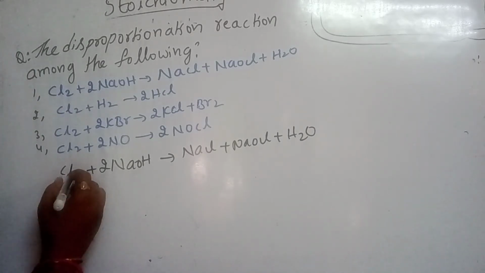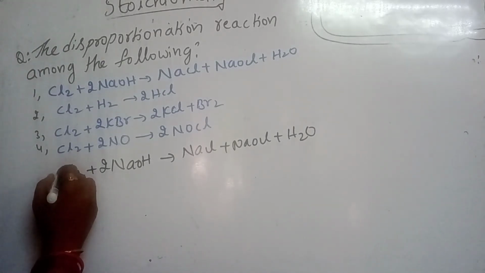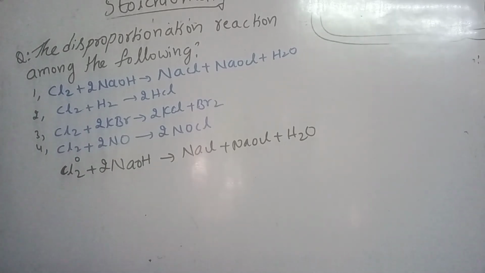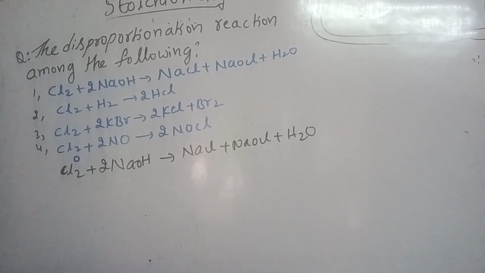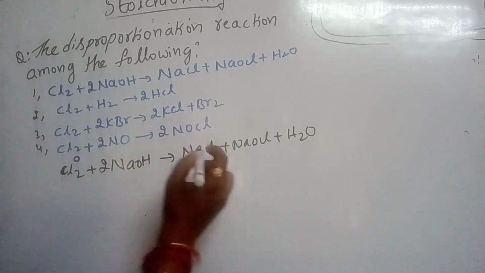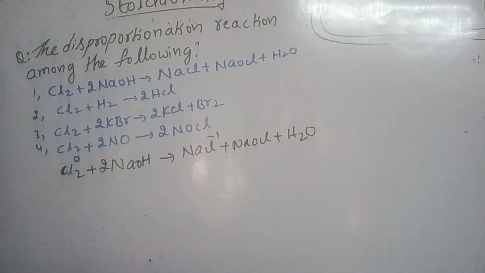See here, chlorine: the oxidation state in its molecular state is 0. In NaCl, sodium is +1, so chlorine is -1.